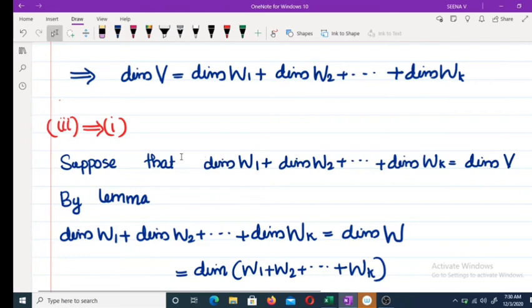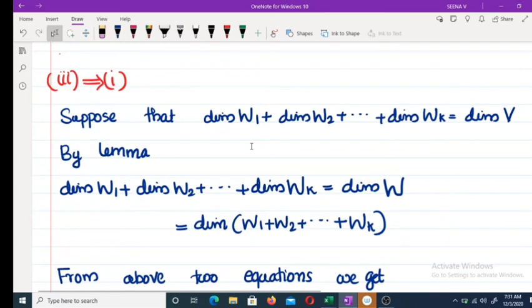Now the last one, and this is one of the most important results. We are using this result in our next class. Suppose the dimension of W1 plus dimension of W2 plus etc. plus dimension of Wk equals the dimension of V, and we have to prove that T is diagonalizable. To prove T is diagonalizable, we have to prove there exists a basis consisting of characteristic vectors.